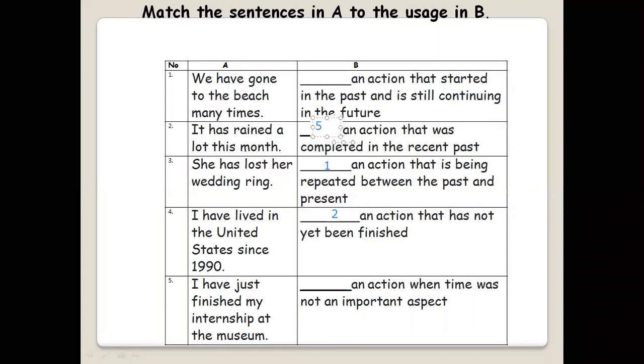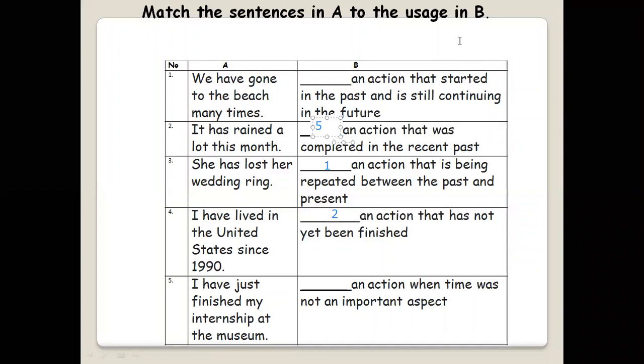So we've answered this exercise about the present perfect, and we've discussed all of the examples and why we use these examples in the present perfect.